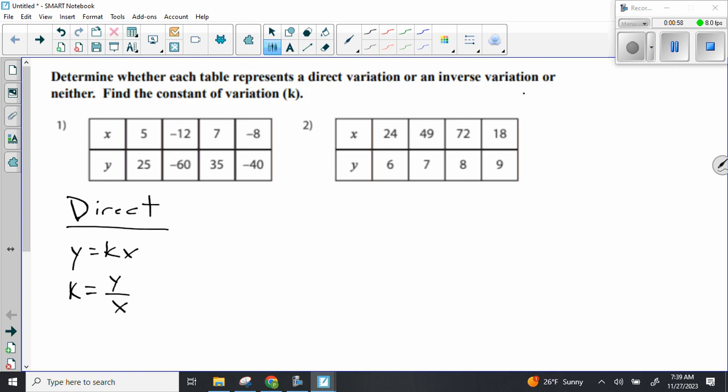It's the same formula, just manipulated in different ways. For inverse variation, we look for y equals k over x, or k equals xy.